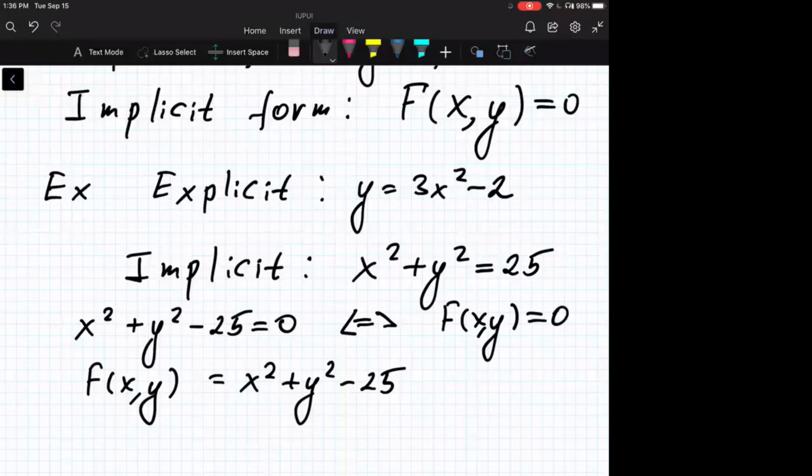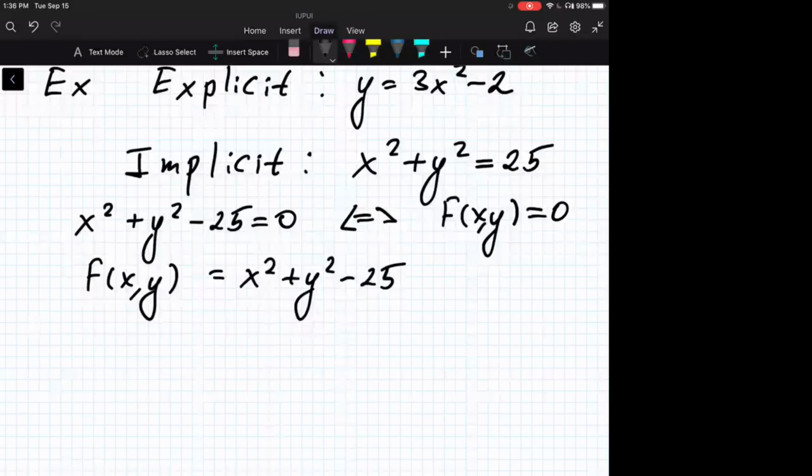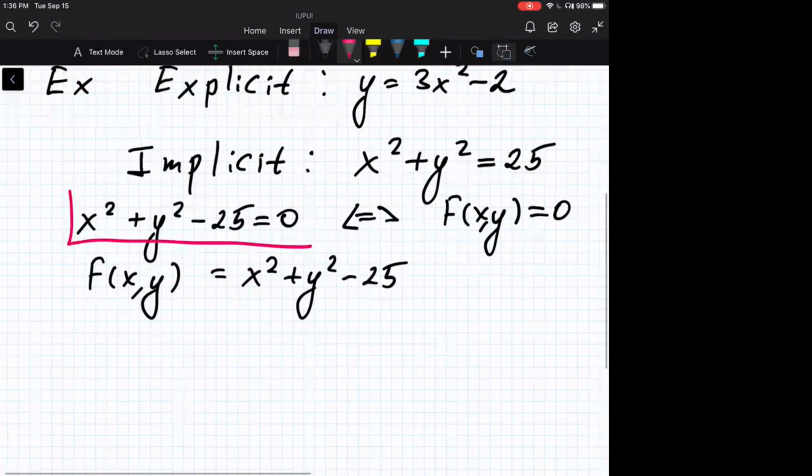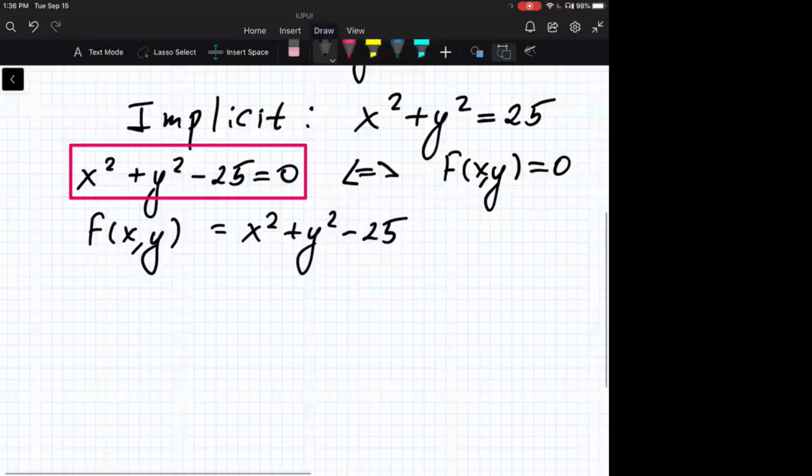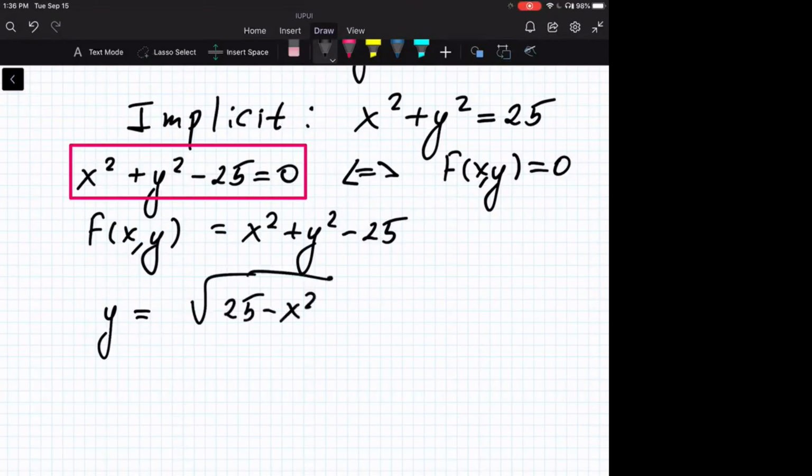Of course, in this particular case, you can solve this equation and express y in terms of x, and it's not difficult to do. So it's just square root of 25 minus x squared, plus minus, right?